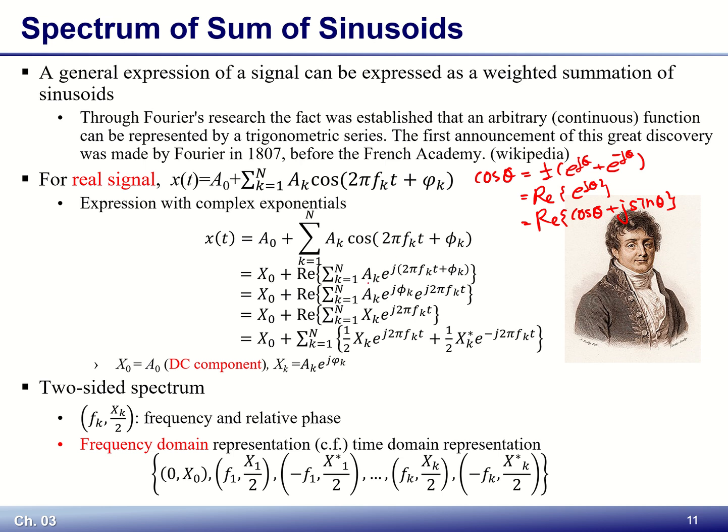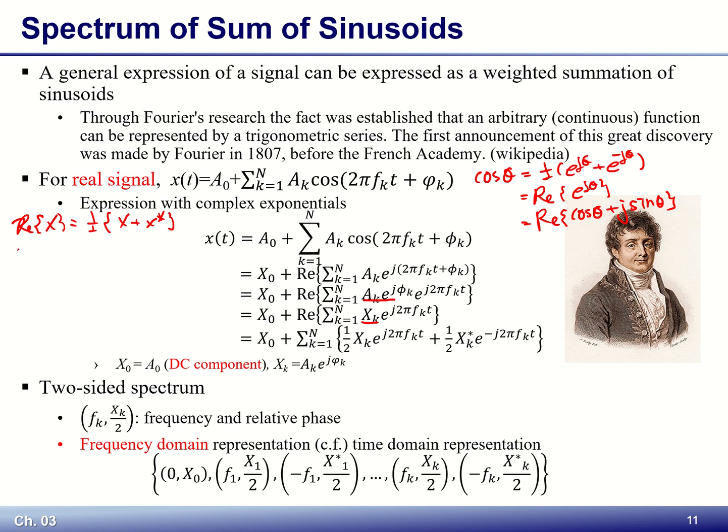So the summation of exponents can be expressed as a multiplication of two exponentials, and for simplicity we denote it xk. For a general expression of the real part of a complex number, we can use the complex conjugate. Complex conjugate means we replace j by minus j.